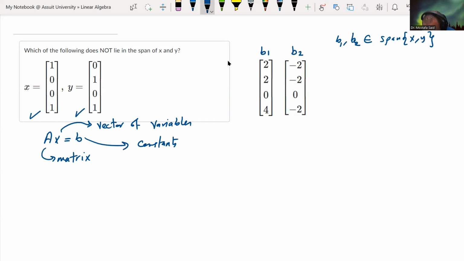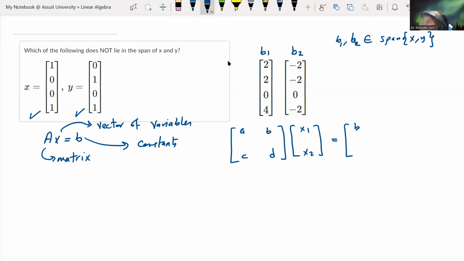So, for example, if A is like that, A, B, and C, D. Okay. And X, for example, is X1, X2. Very simple system. B1, B2. Okay, basically this is A, this is X, equal to B. This is just an example.